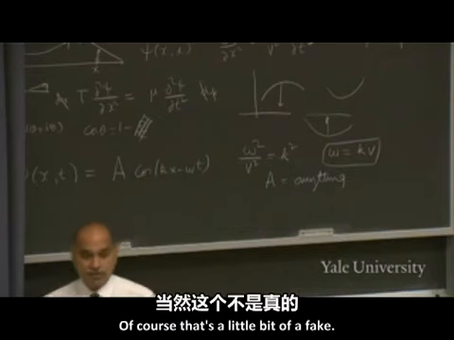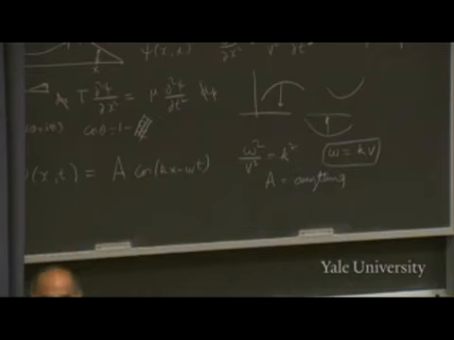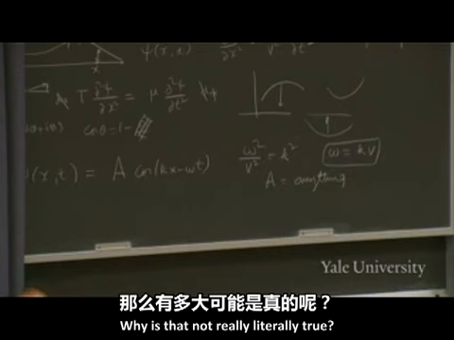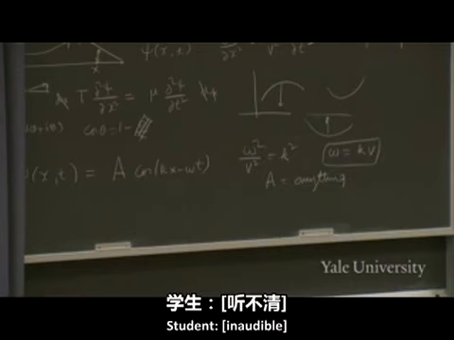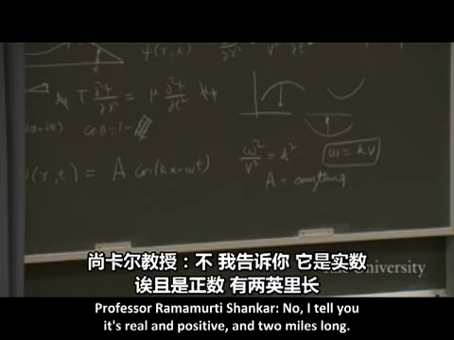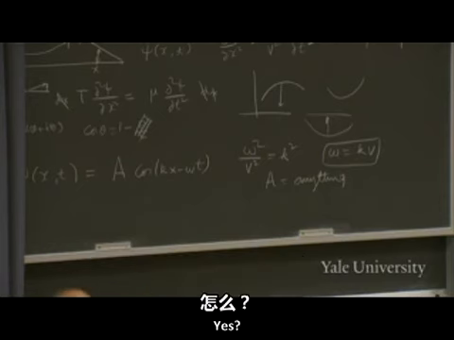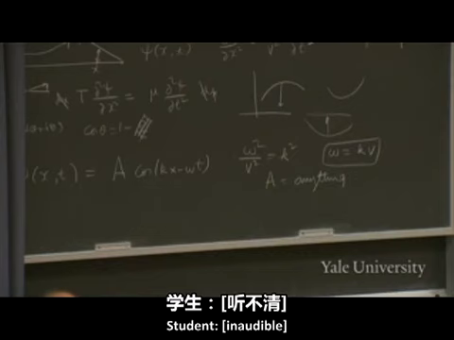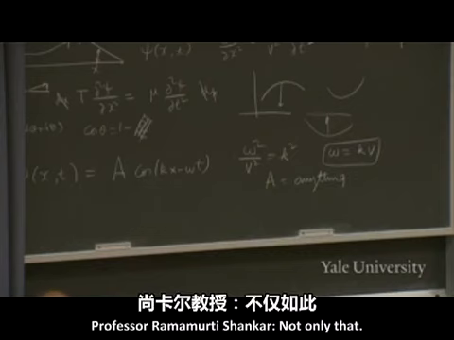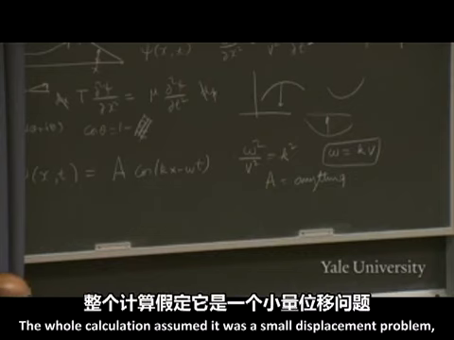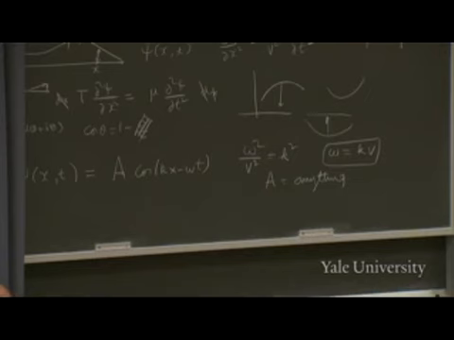Of course, that's a little bit of a fake. Why is that not really literally true? Well, we switch into positive, real amplitude. No, I tell you it's real and positive and 2 miles long. Not only that, the whole calculation assumed it was a small displacement problem, right?